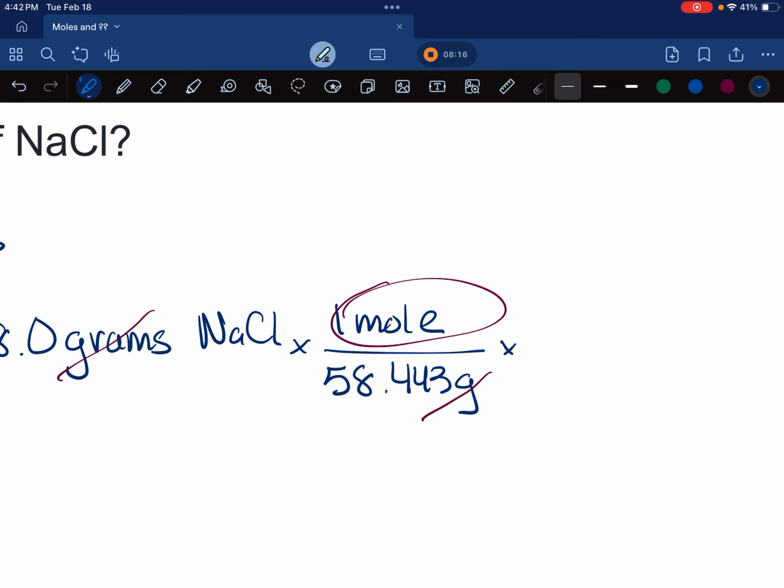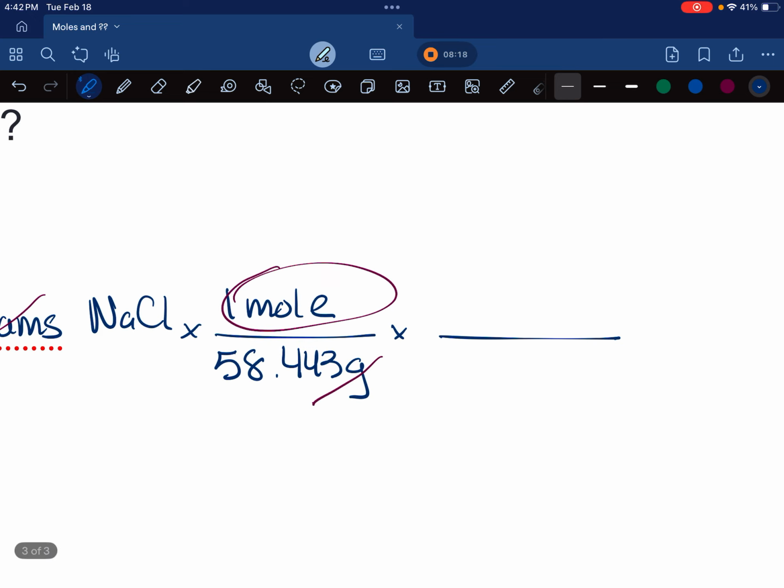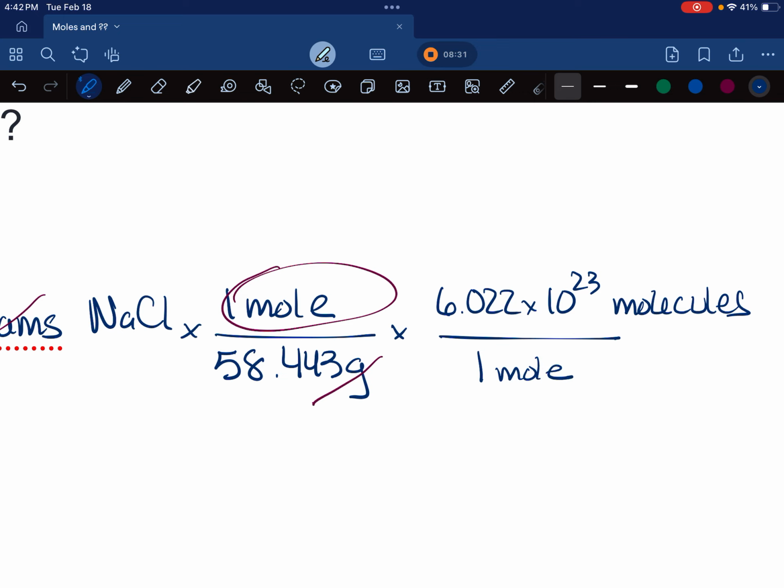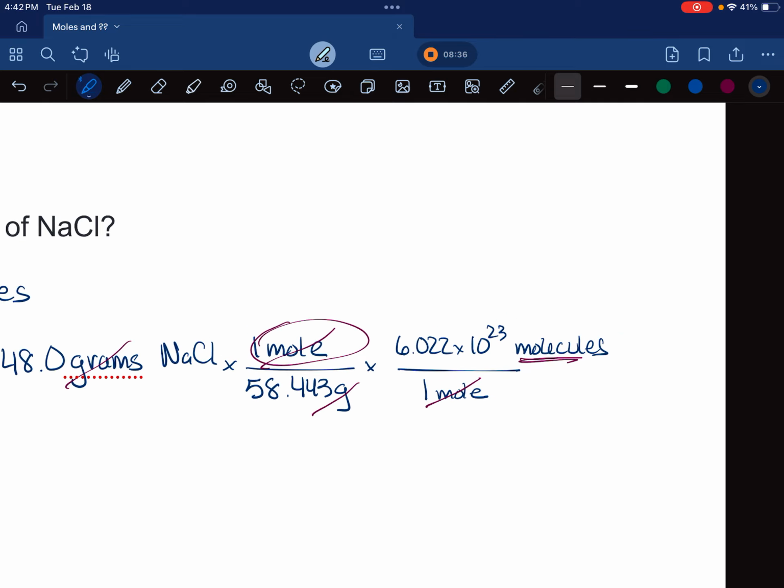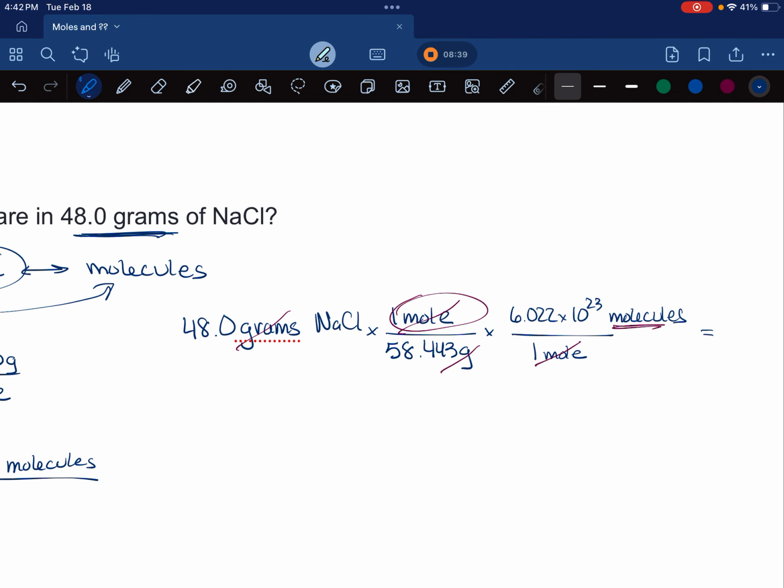I want to keep going. Now I want to get units of molecules, so I want 6.022 times 10 to the 23rd molecules on top, so I can get rid of that unit of mole. I'm left with the unit of molecule. That's good. So now my equation is set up. I can pop that in my calculator, and you should end up with something around the 4.95 times 10 to the 23rd molecules of NaCl.